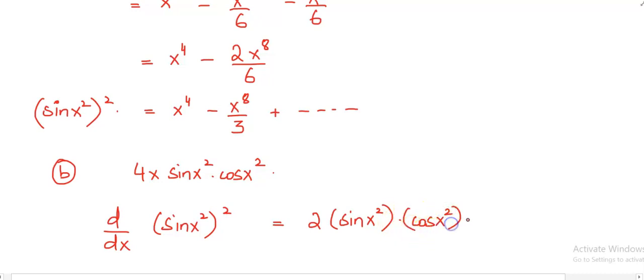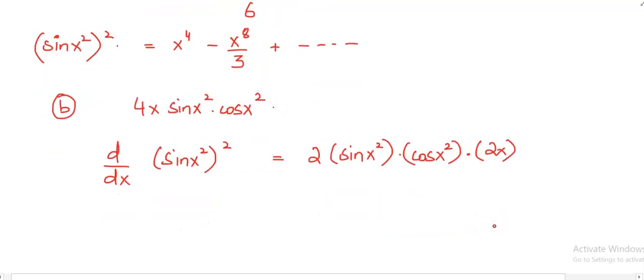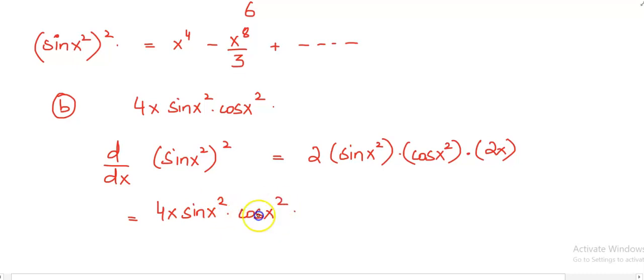I'll multiply that, and for the x squared, the derivative is going to be 2x, right? So this is going to be 4x sine of x squared times the cosine of x squared. So if we take the derivative of the function sine of x squared to the power of 2, I'll end up getting this thing.